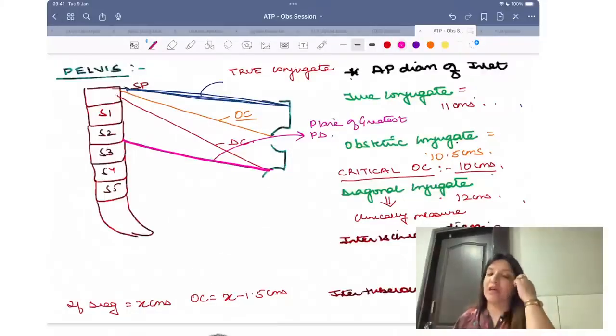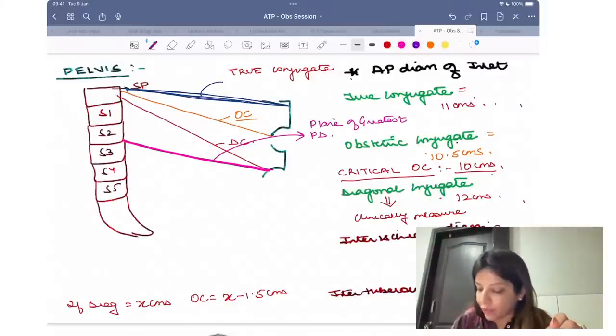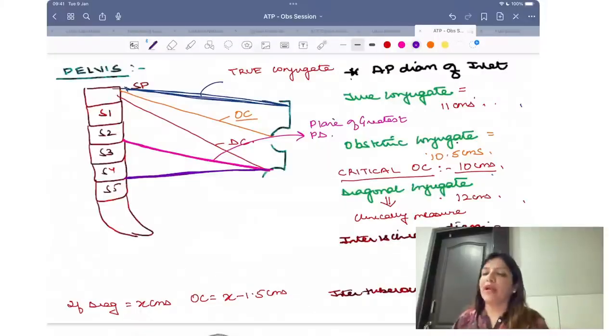Now after that, tell me, what is this line? I am drawing a line from S4, S5 going up till the pubic symphysis. What is this line representing now?